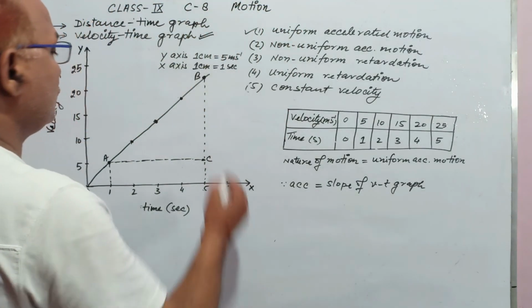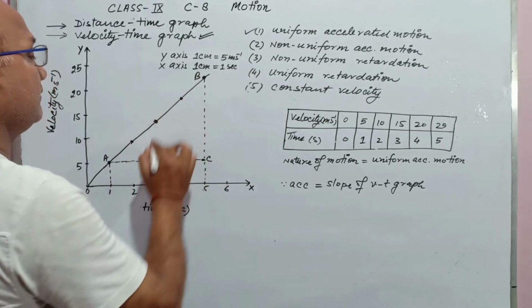So how do we find the slope of this graph?